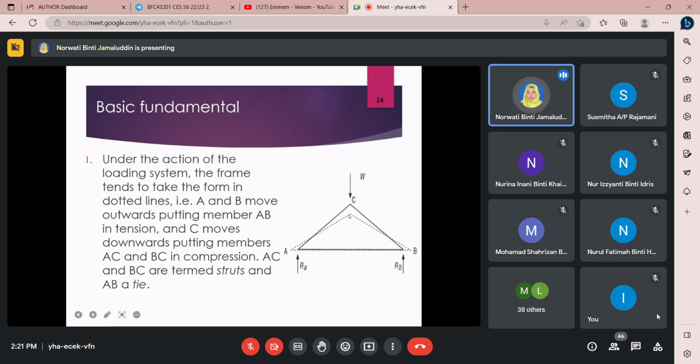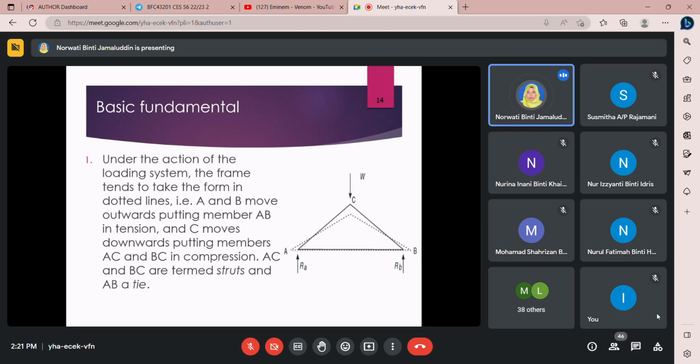Due to this force, member LB will expand and move upwards, which results in member AB experiencing tension. Then the C point here will move downwards, and AC and CB will experience compression.